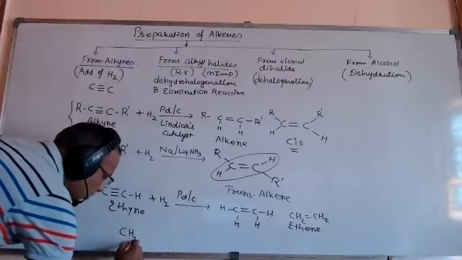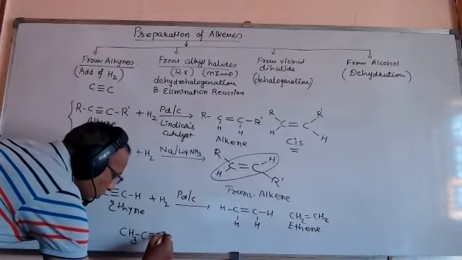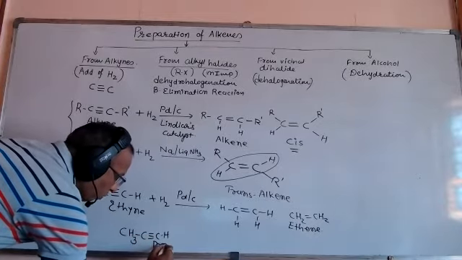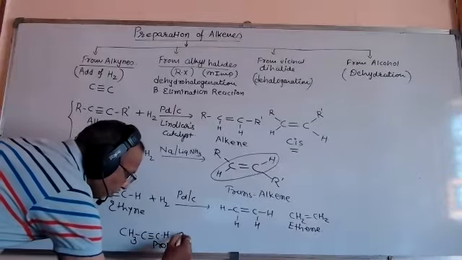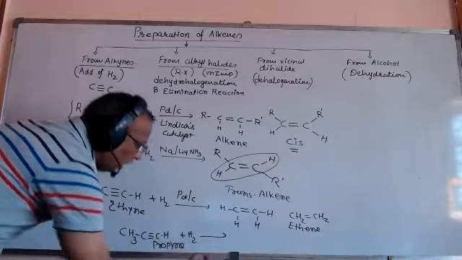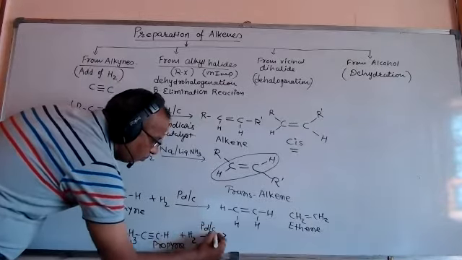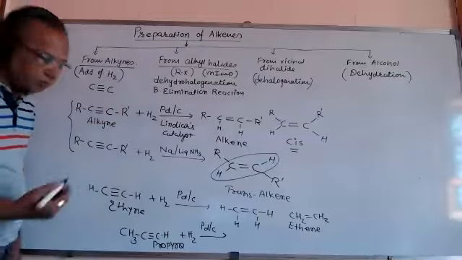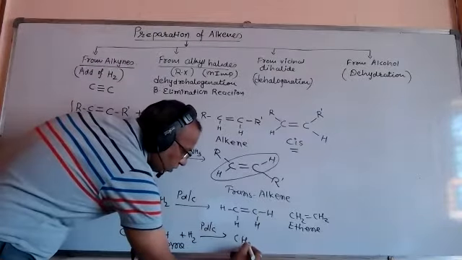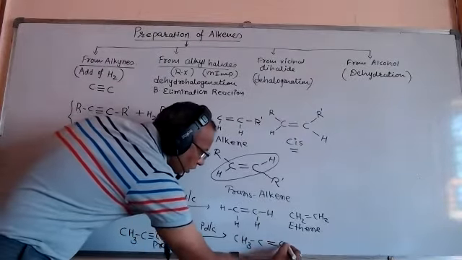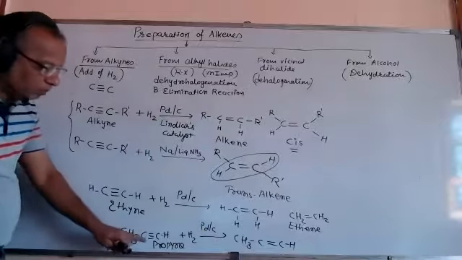Same to same, friends. This is propyne. Hydrogen is added once again, commonly palladized charcoal. We will obtain this CH3C, the triple bond will break down to double.